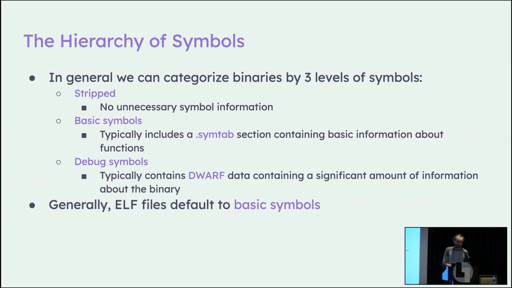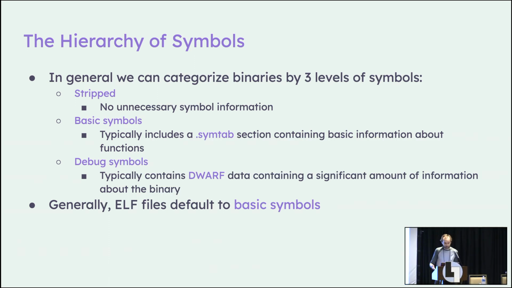And then there's debug symbols. This is sort of the jackpot of reverse engineering, where this gives you just about as much information as you could ask for. And this is usually implemented as what's called DWARF data. And we'll get into specifically what that contains. But generally, ELF files, unless you're doing something special with them, will default to that middle value, those basic symbols.